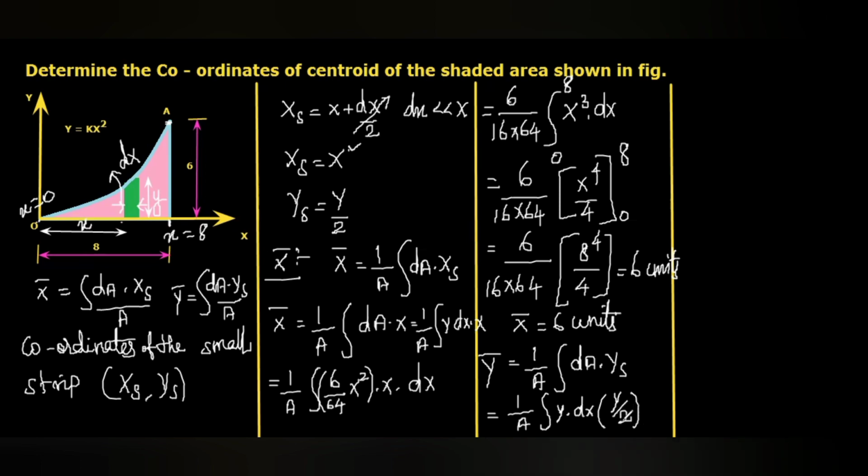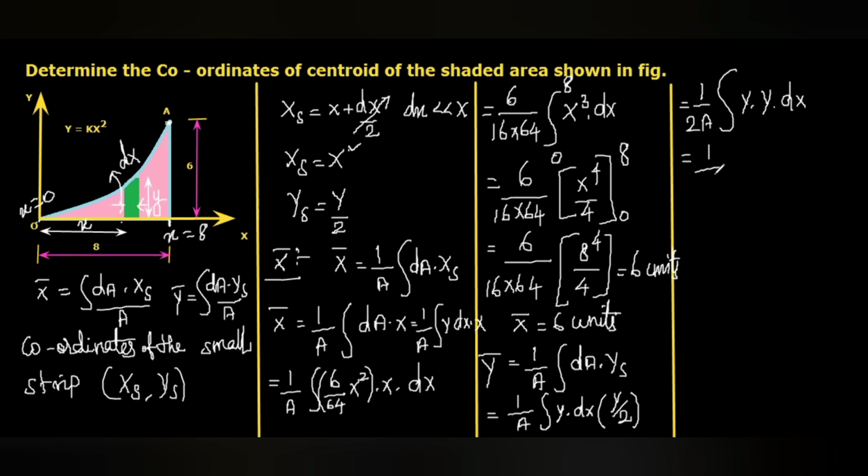So this 1 by 2 we can take outside, that will become 1 by 2A, and this will become y square dx, where y equal, here also we substituted 6 by 64 x square.